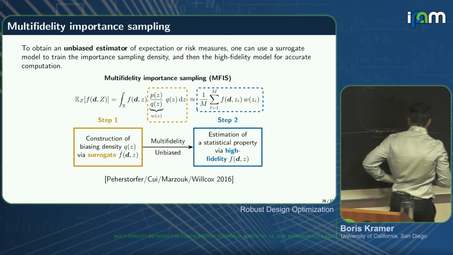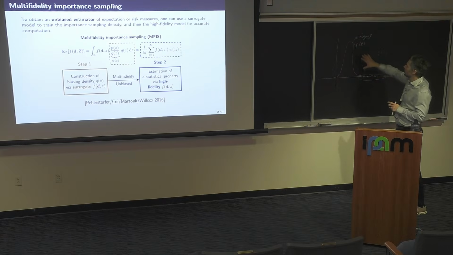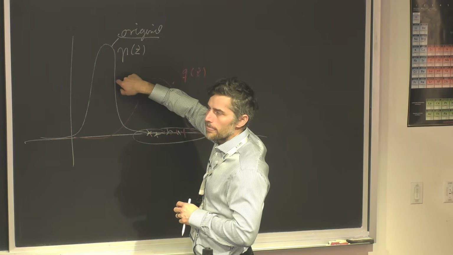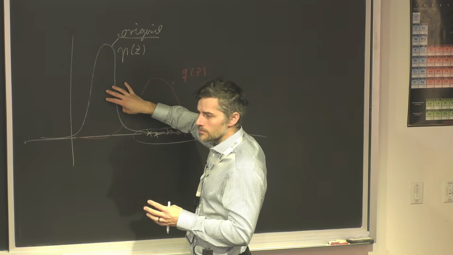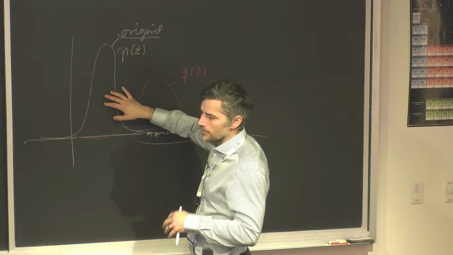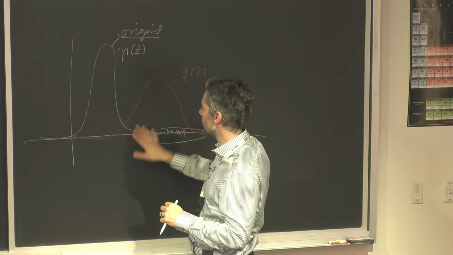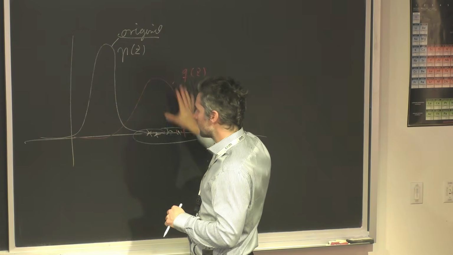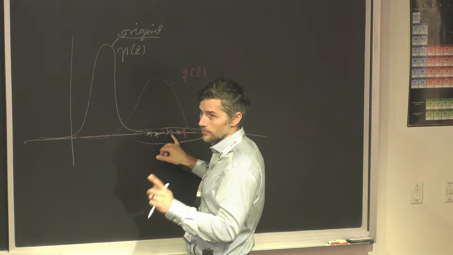All the multi-fidelity work goes into constructing this biasing density. The heuristic idea here is I could take my original density and draw a lot of samples, but I don't want to run 10,000 PIC simulations. Maybe I have a surrogate model for that. I run 10,000 simulations of a very simple surrogate, and the surrogate would tell me something's happening over here. Then I'm tuning that density to the failed samples of the surrogate only.